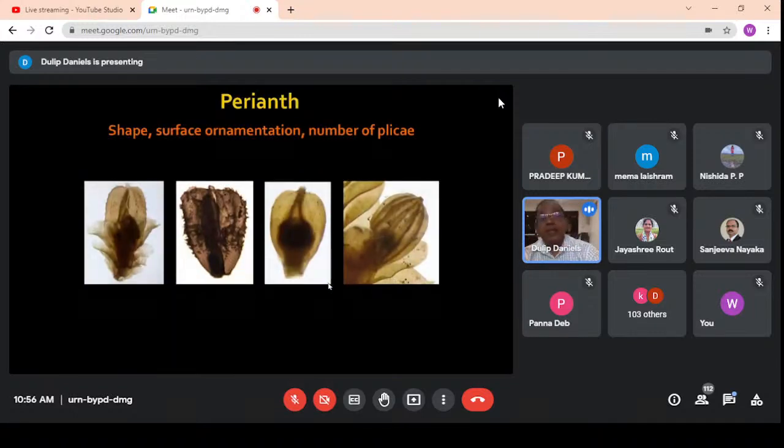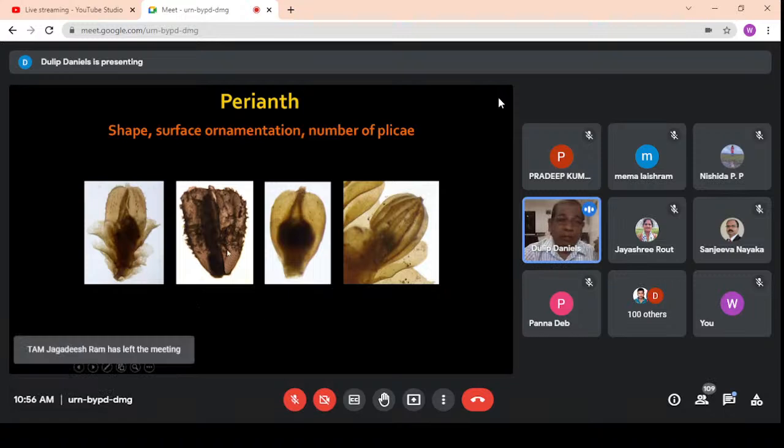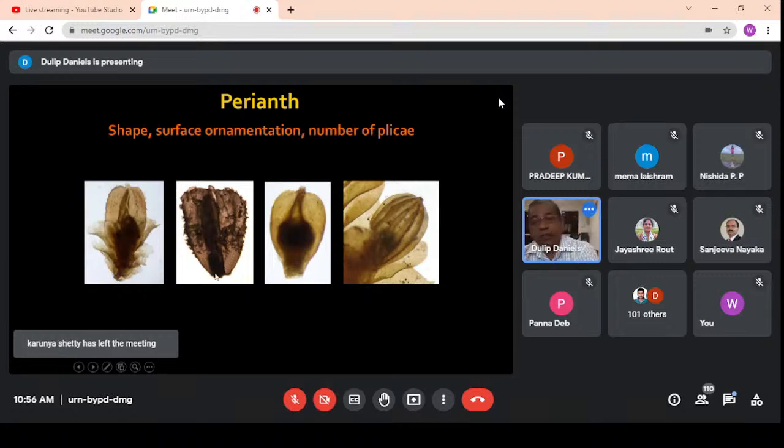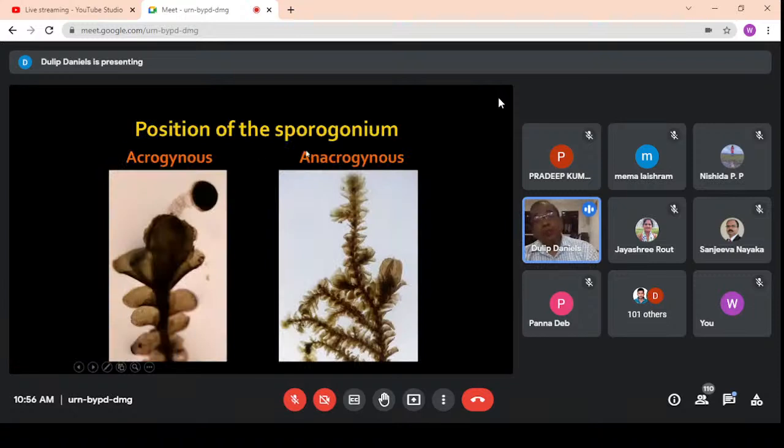Coming to the perianth, like the calyptra, this protects what? The capsule, the young capsules. Ultimately, the capsule grows out before it dehisces. You could see plain ones, look at the number of plicae, the foldings. Now, similar to the mosses, we have acrogynous, anacrogynous.